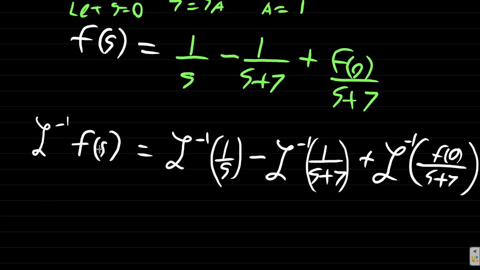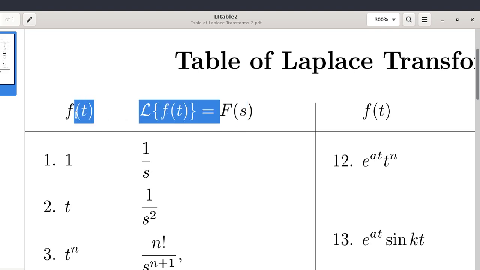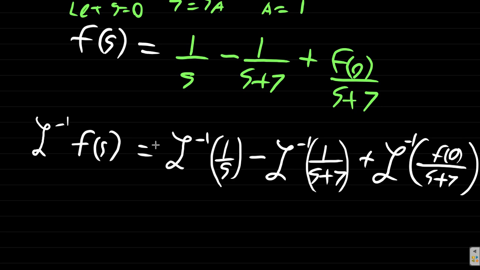Going from left to right, you're finding the Laplace transform. But going from right to left, you find the inverse Laplace transform. The inverse Laplace of f of s is f of t. In this case, we call our f of t y. So on this side, you get y equals.